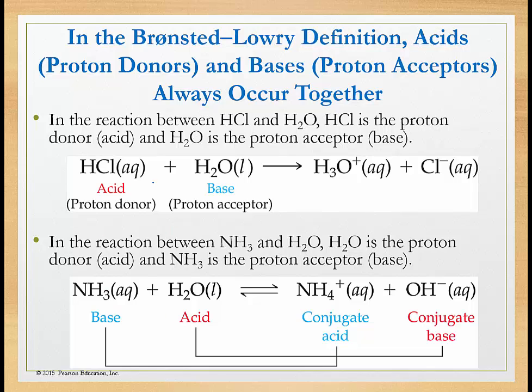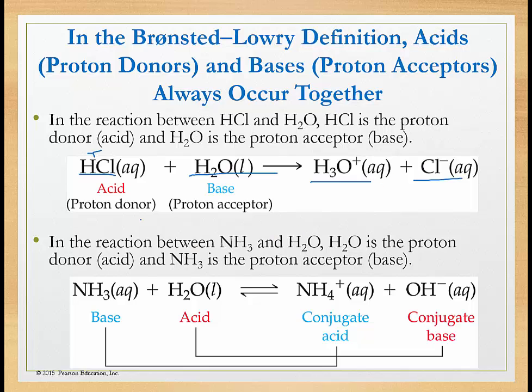Okay? So if I look at it here, in this situation, reaction between hydrochloric acid and water, this is going to be the proton donor. It's going to give up an H+. This one's going to be the proton acceptor. Now when I do that, I end up with something over here and something over here that have different characteristics.